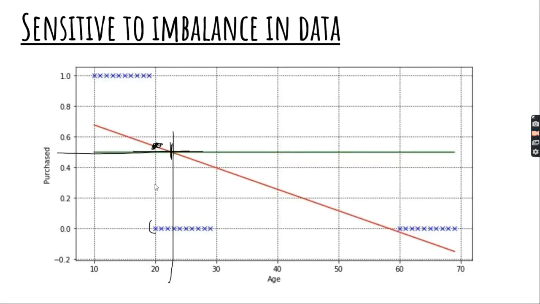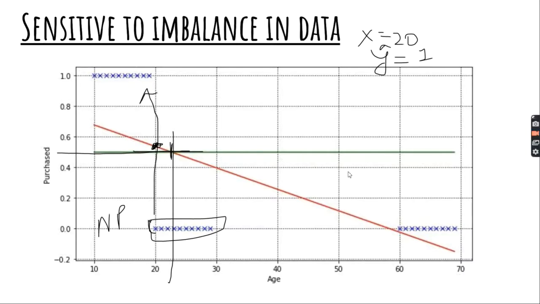That would mean this person does purchase, based on the simple thresholding logic. So when x is equal to 20, y hat, the predicted output, is equal to 1, which is obviously a misclassification because all these are at 0. These are the not purchased ones, and yet this gives the output that it will be purchased, which is wrong.